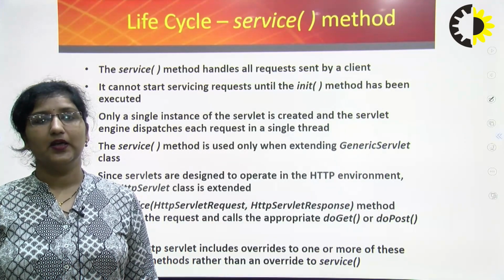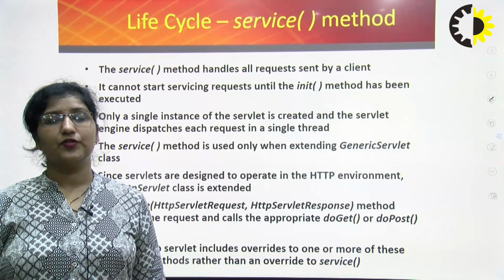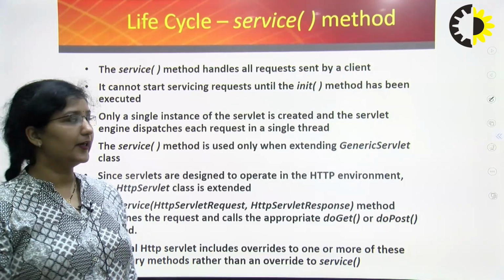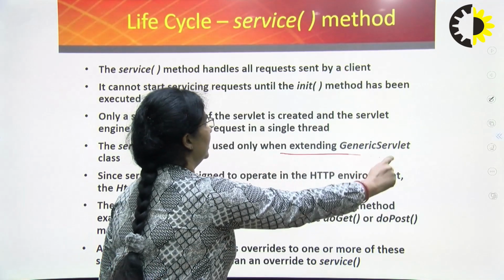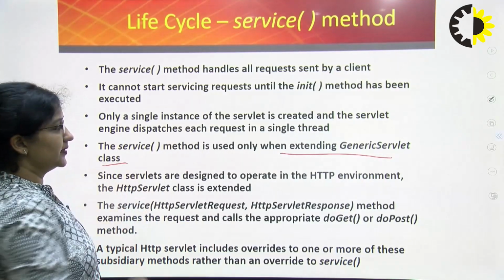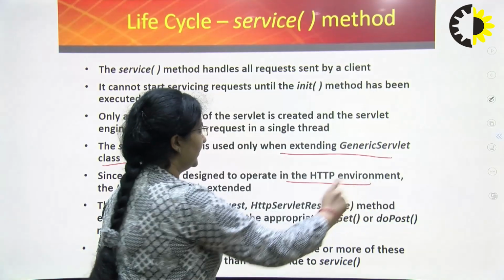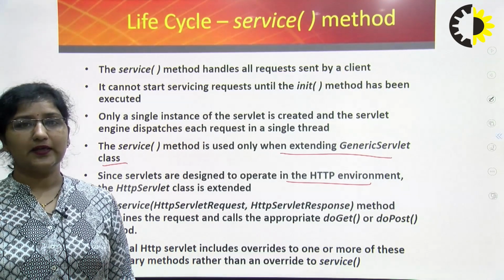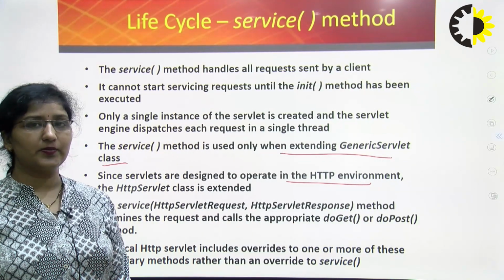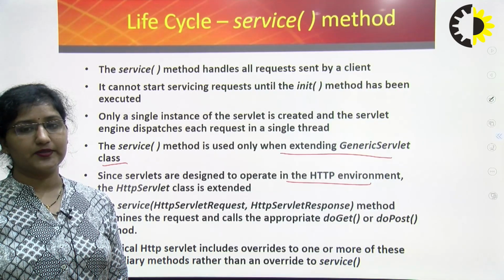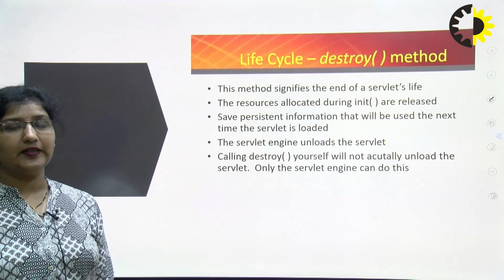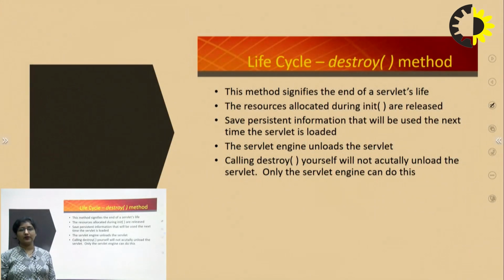Similarly, service handles all the requests sent by the client, and it is used by extending the generic servlet classes, which are required to operate in an HTTP environment. The methods it uses are HttpServletResponse and HttpServletRequest. Then finally, destroy. Initialization will be received, service will be done, and destroy will unload the servlet that was being used.